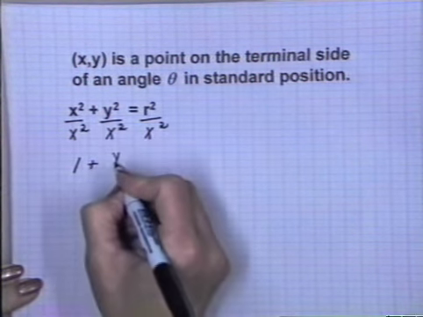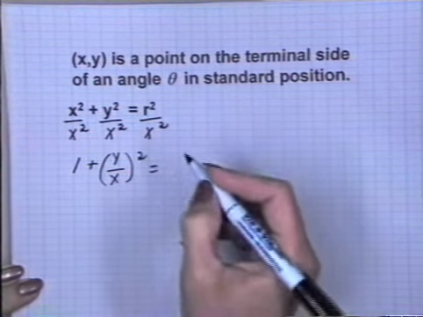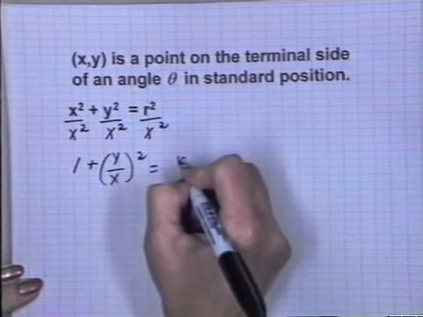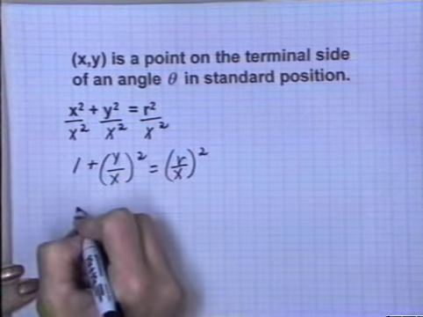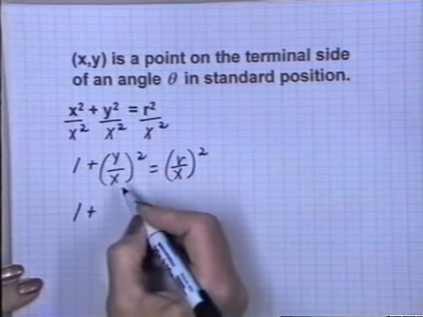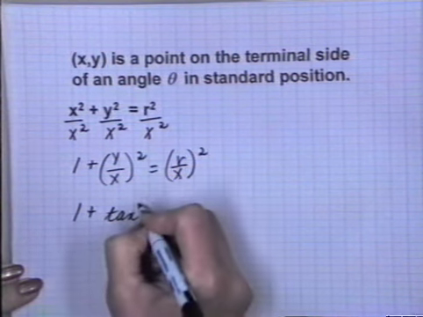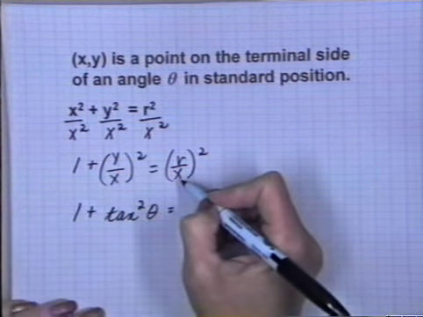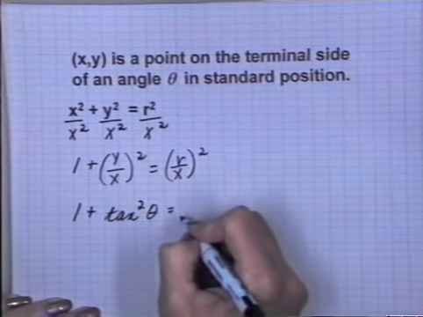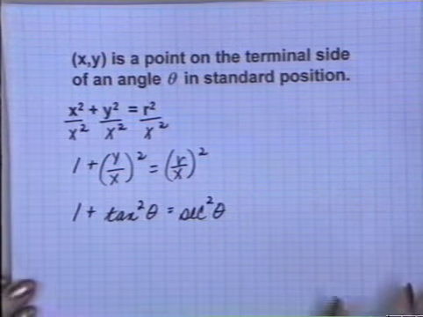We'll have (y over x) squared, and on the other side of the equation we get (r over x) squared. And of course we know y over x would be the tangent of theta, so this would represent tangent squared theta, and r over x is the secant of theta, so this would represent secant squared theta.